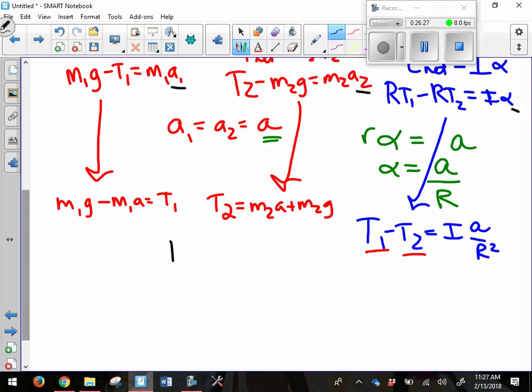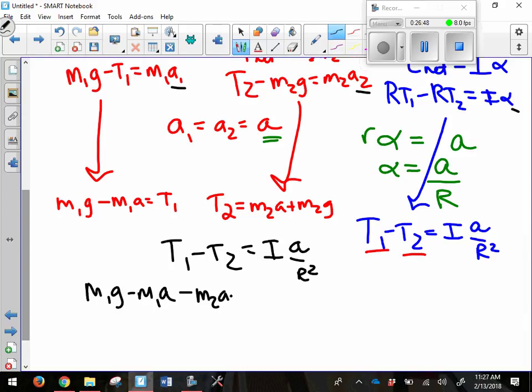So my formula is T1 minus T2 is I A over R squared. And there's a reason why we write it that way too. So T1 is M1G minus M1A. T2, I'm going to have a negative sign in front of everything.